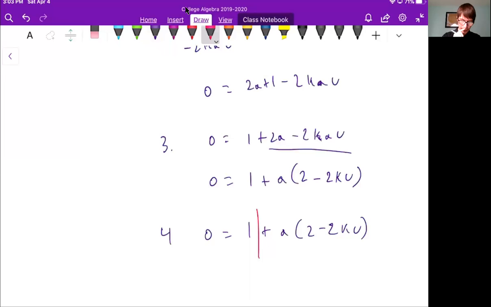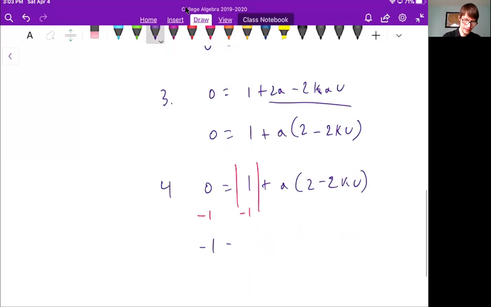So there's one section, which means I need to get rid of this 1 here. To get rid of that 1, I'm going to subtract 1. If I do it to one side, I have to do it to the other. And I'll get negative 1 equals, let's see, these cancel out, a times (2 minus 2ku).